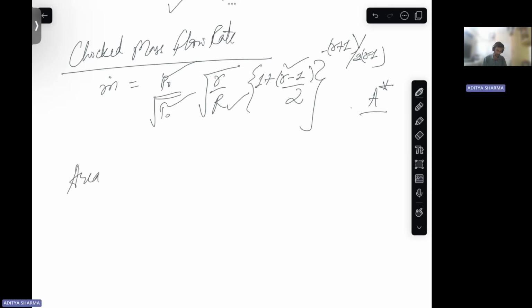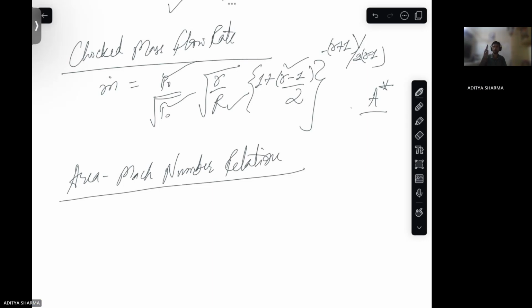Then there is the area-Mach number relation. Based on the information of area at some place in your nozzle along its length, we can predict the Mach number.